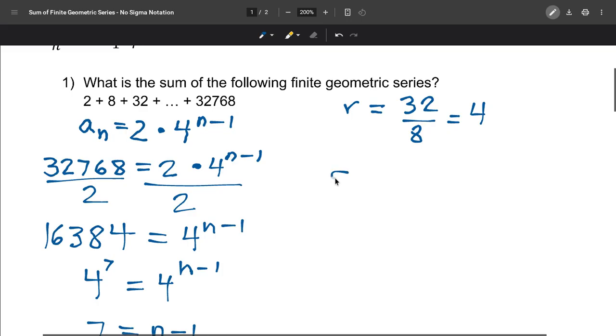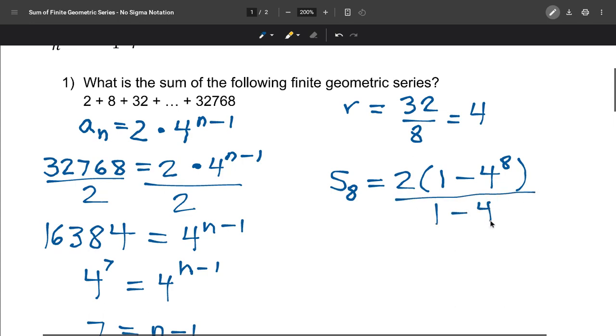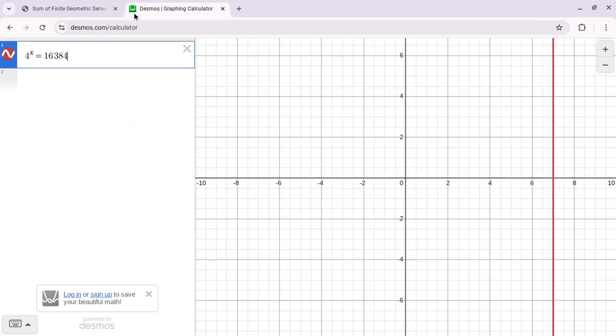So we're going to say the sum of the 8 terms is equal to the first term, 2, times 1 minus the common ratio r, which is 4, to the 8th power, and we're going to divide all that by 1 minus 4. So let's go back over here to Desmos.